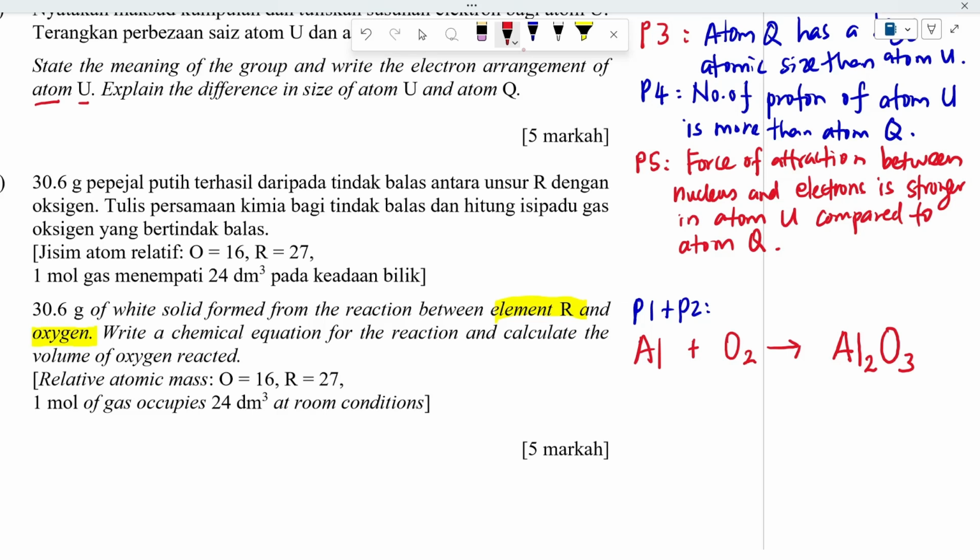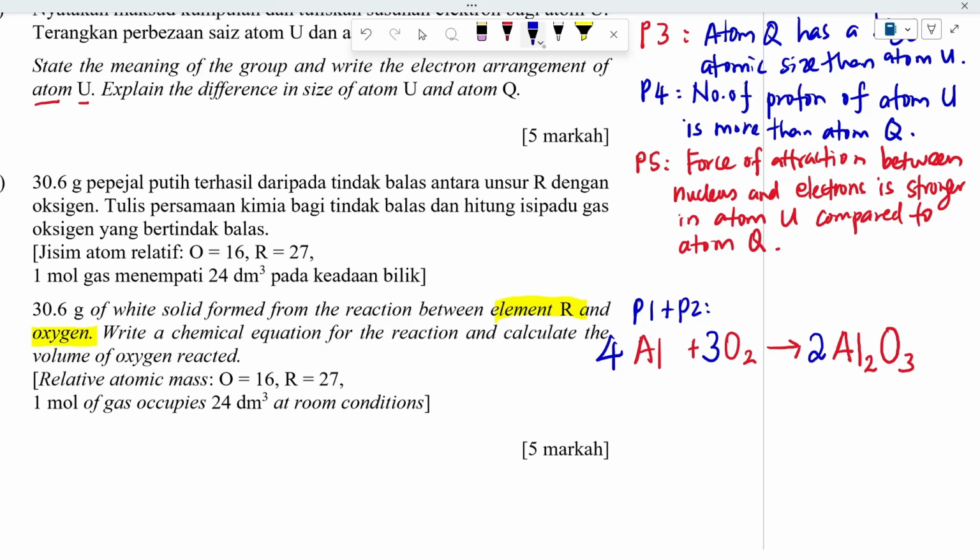So be careful on this, aluminium oxide. So we need to balance the chemical equation. Oxygen is 2 in the reactant and 3 in the product. So how to make them balanced? Aluminium oxide times 2, so that you get 6 oxygen. So this one is 2 times 3. Oxygen is balanced, but aluminium 2 times 2 will be 4. So point 1, point 2, 2 marks.